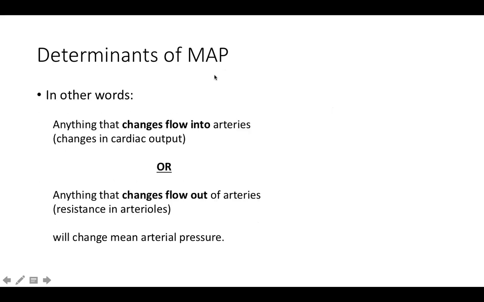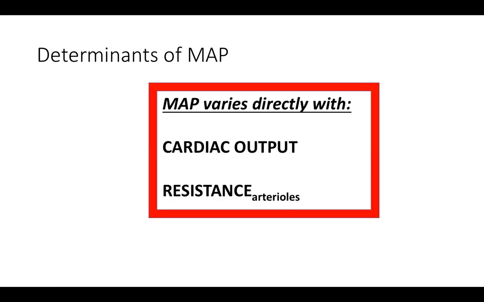So in other words, anything that changes flow into the arteries or cardiac output will change the mean arterial pressure, and anything that changes the flow out of the arteries or the resistance in the arterioles will change the mean arterial pressure. So these are the two big determinants of mean arterial pressure.